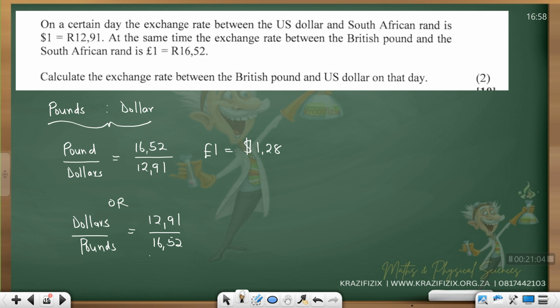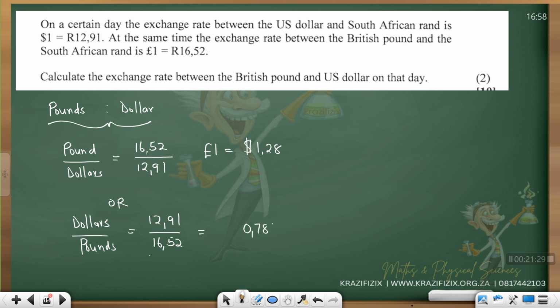Can somebody please help me with quick answers? It's 0,78. All right, 0,78. So what does this tell us?